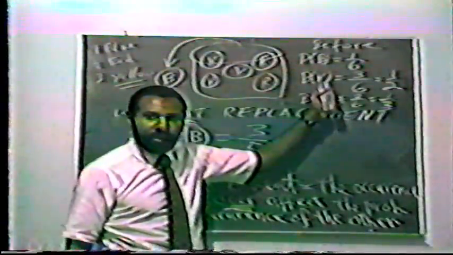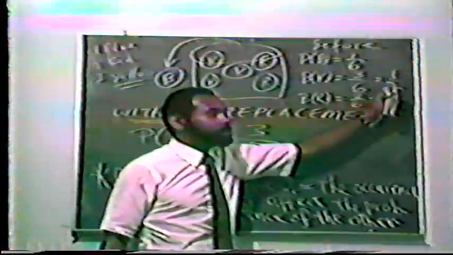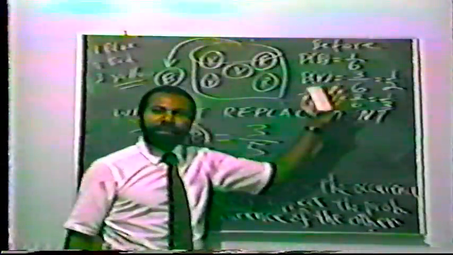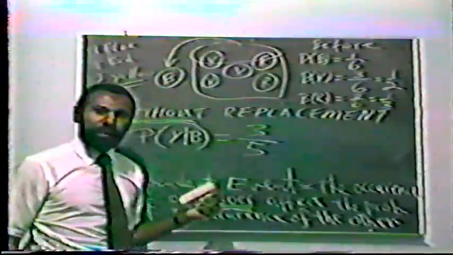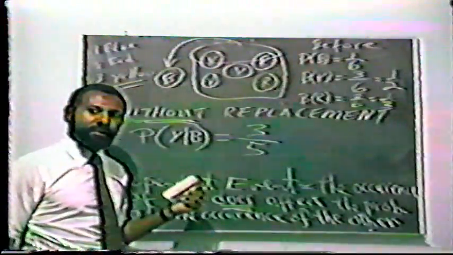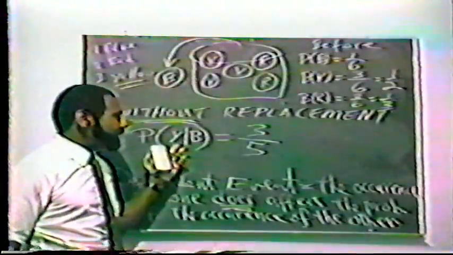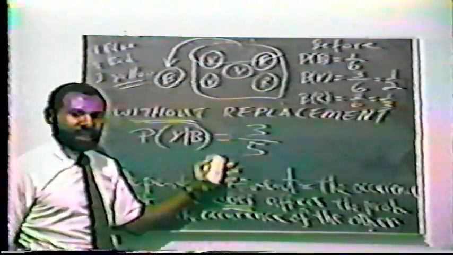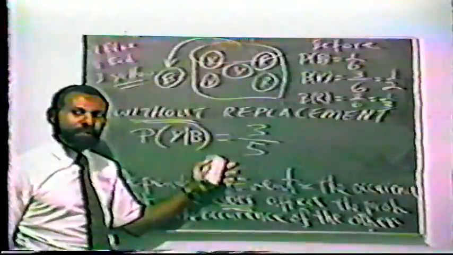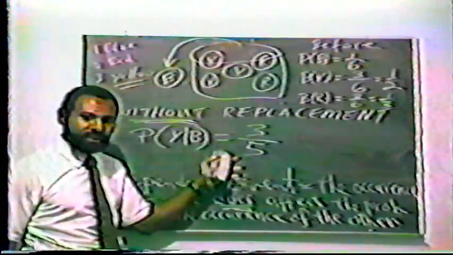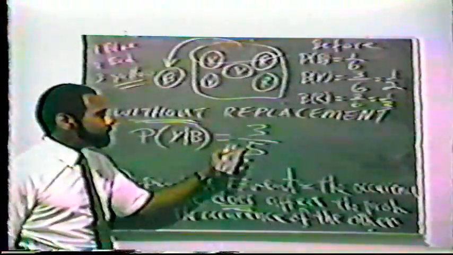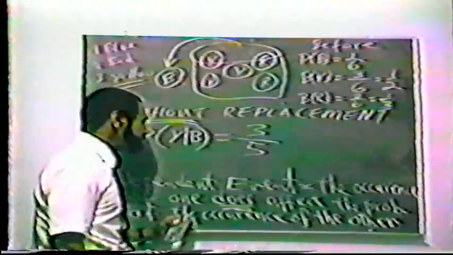Before we took the blue ball out, it was 1/2. When we took the blue ball out and saw that it was blue and didn't put it back in, the probability of getting a yellow ball changed. It changed to 3/5 instead of 1/2.